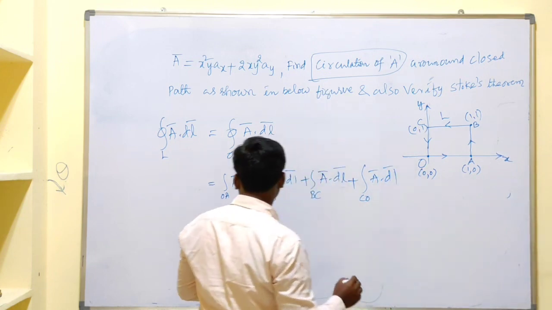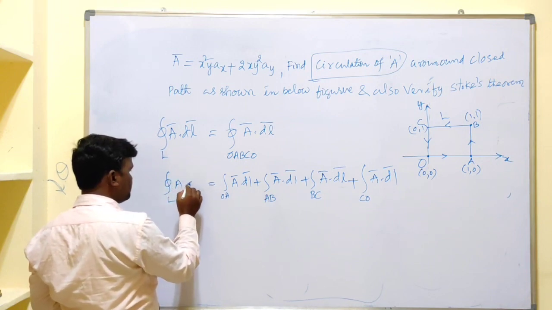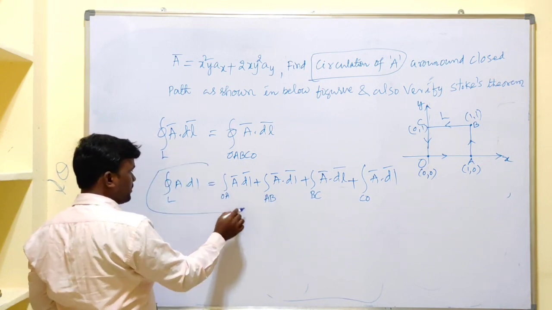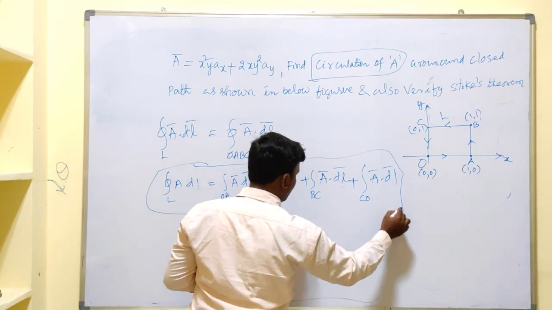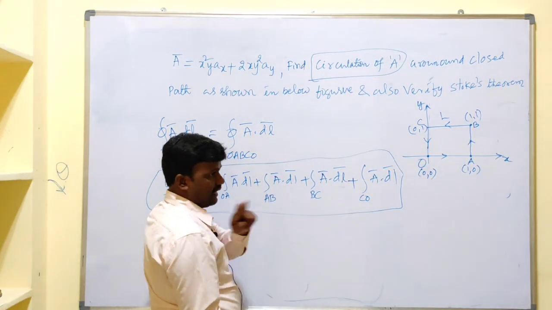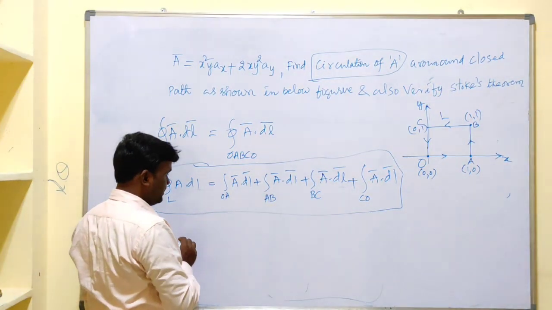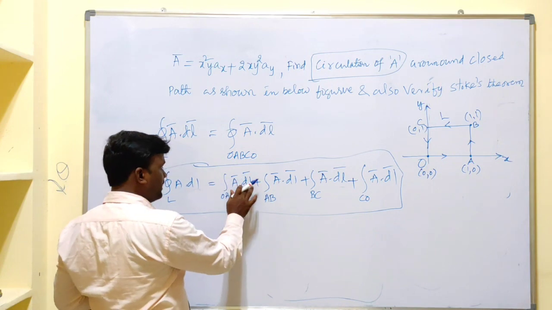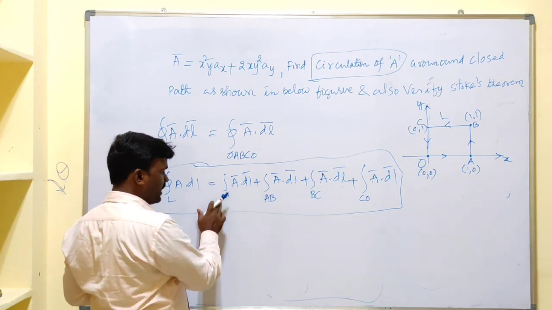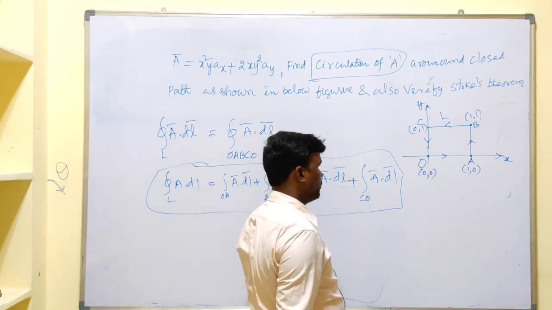The circulation of A, or the closed line integral of A, is the sum of the open line integrals of A. We need to find A dot dl along OA, along AB, along BC, along CO.